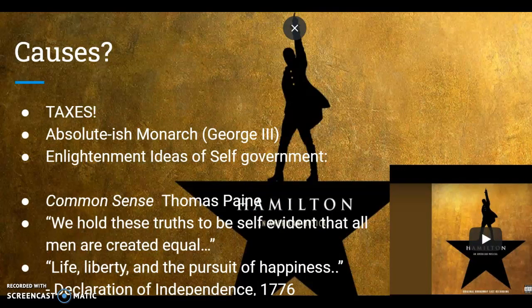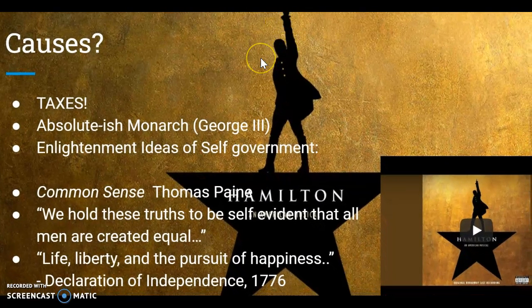Well, taxes. And then this idea that they were ruled by an absolute, I say absolute-ish monarch, George III, because he was nowhere near like Louis the 14th, or other absolute monarchs that we learned about. But the colonists saw him as very abusive. We talked a lot about the Enlightenment, and you had many American Enlightenment thinkers such as Thomas Paine and Benjamin Franklin and John Adams to some extent, Thomas Jefferson, of course.